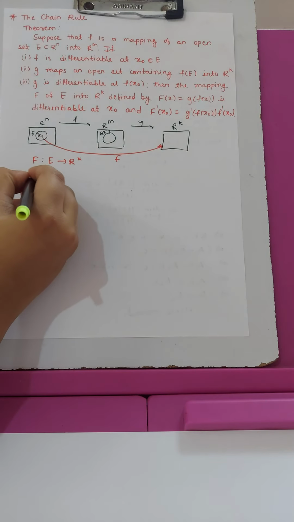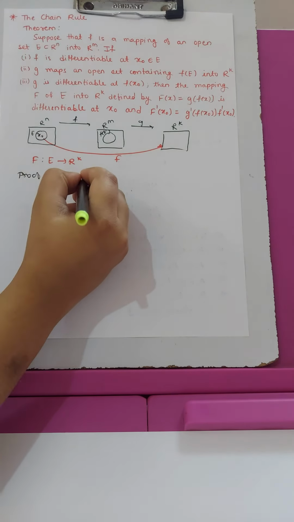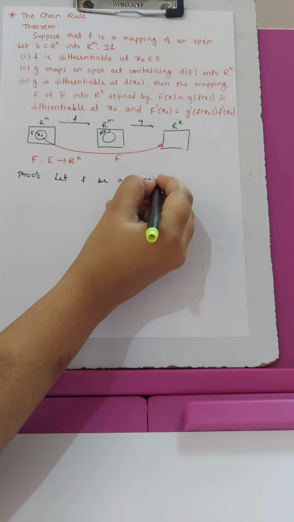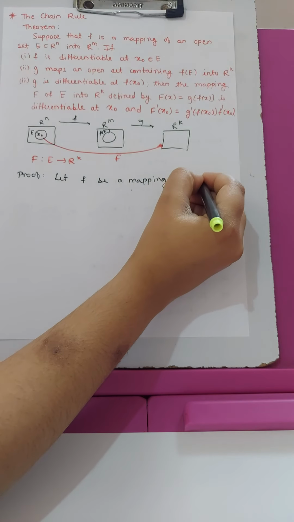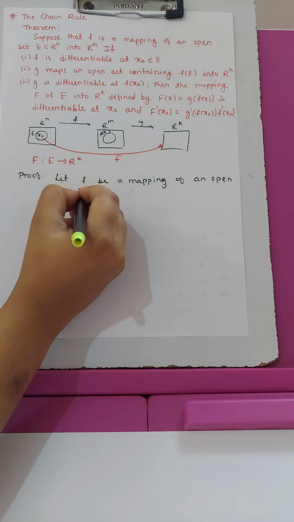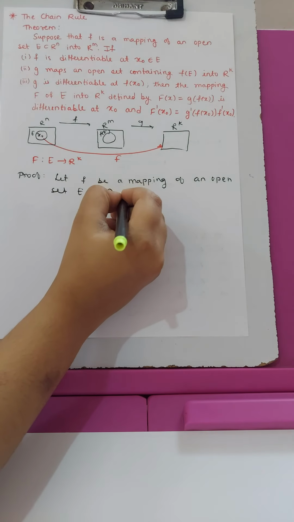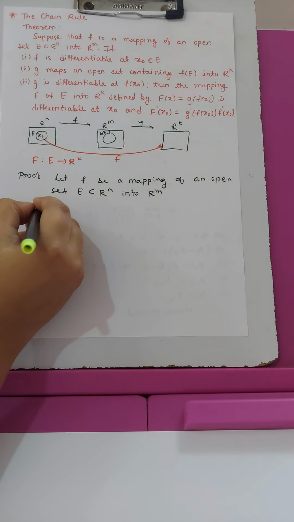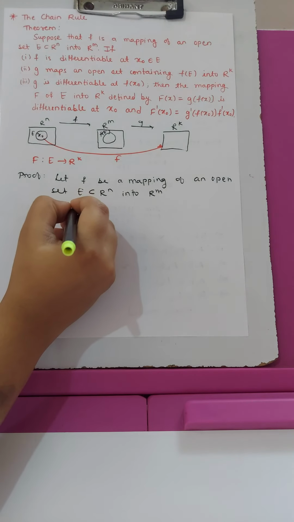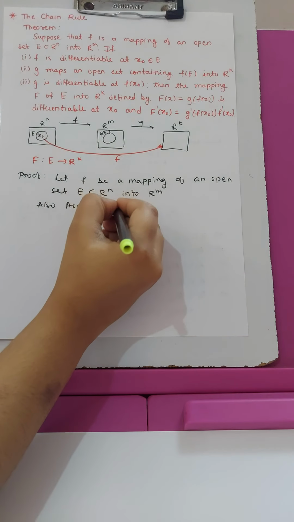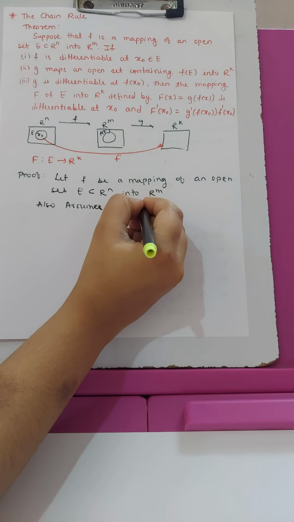So we will start with the proof. Let f be a mapping of an open set E which is a subset of Rn into Rm, and also assume this condition first, second and third.